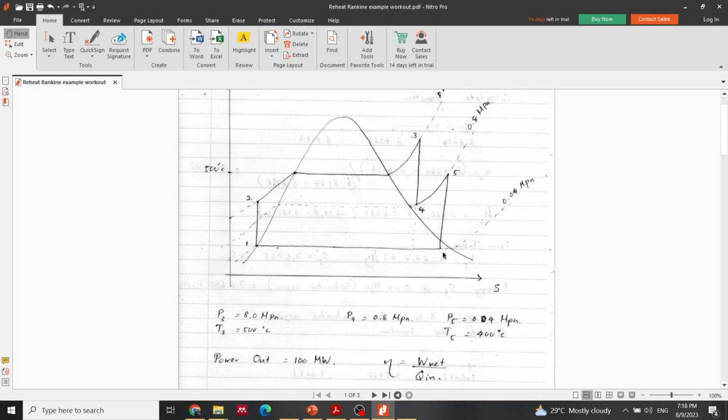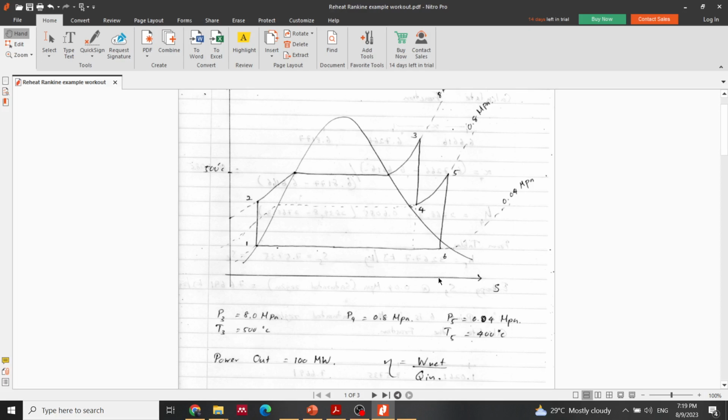Then we can move on to s6, point number 6, and again we have the problem of where this point lies. It can be either in the superheated region or in the saturated region. To find that out, we have to inspect the saturated values, the SL and SG values.